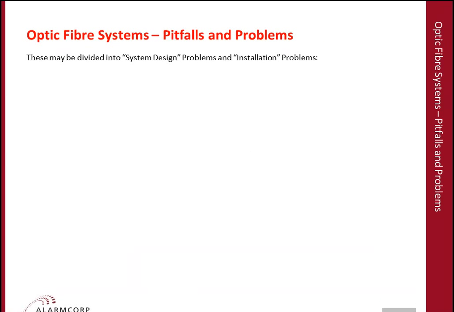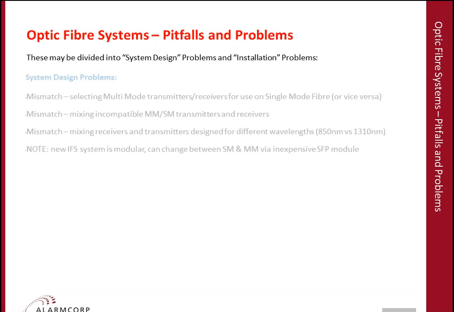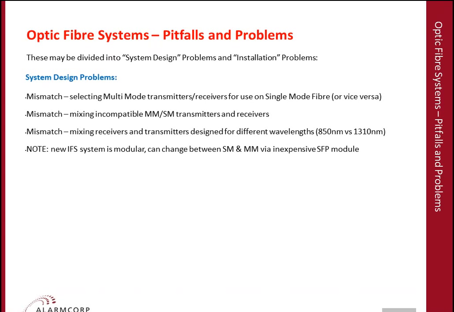Okay, we've talked about system design and we've talked about the advantages. Now let's have a look at some of the pitfalls and problems that can happen when installing or commissioning an optic fiber system. We can divide these into either system design or installation problems. If we look at system design, we can have a mismatch. We select multi-mode transmitters and receivers for use on single-mode fiber or vice versa.